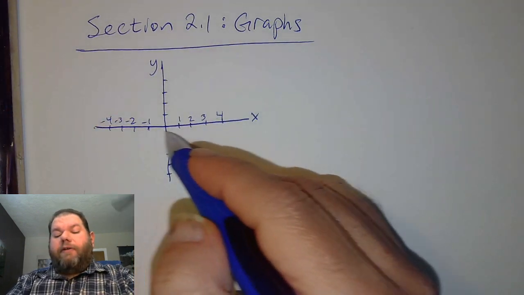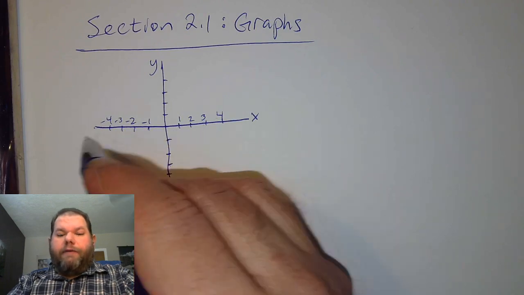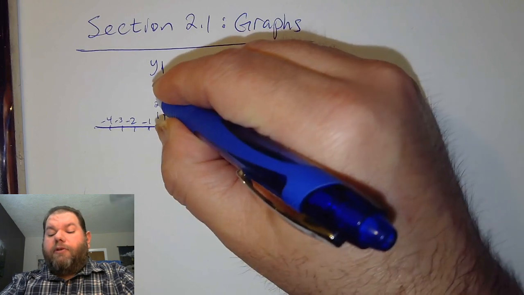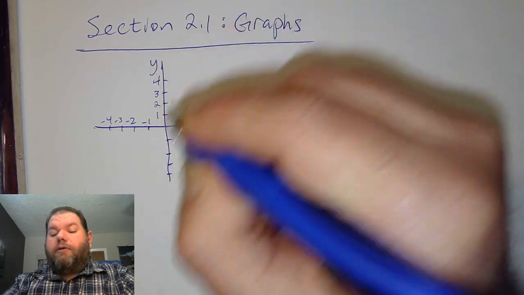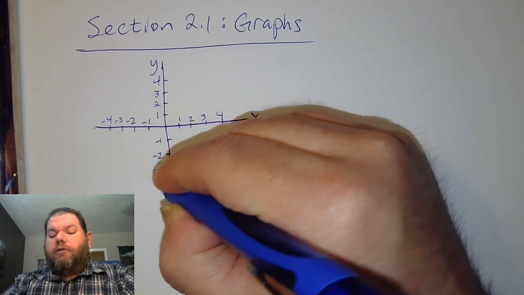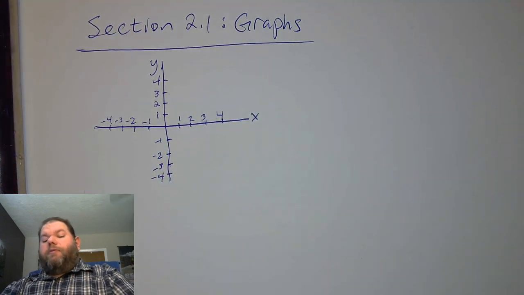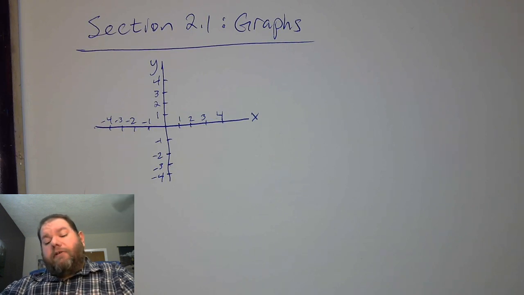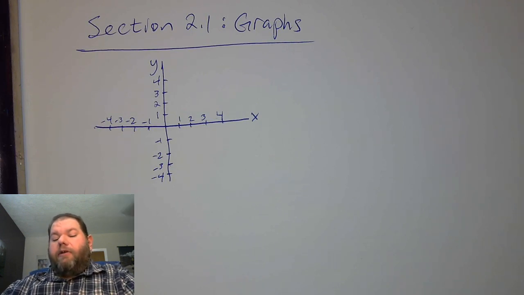So the x-axis has a positive side on the right, a negative side on the left. Y-axis, same situation, but vertical. For the y-axis, the top side is positive and the bottom side is negative.